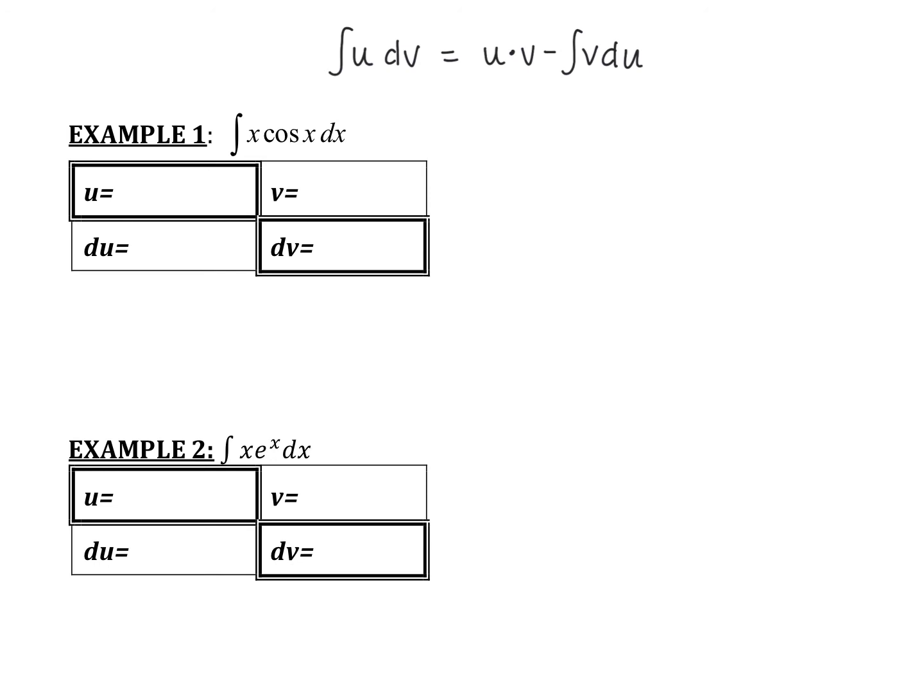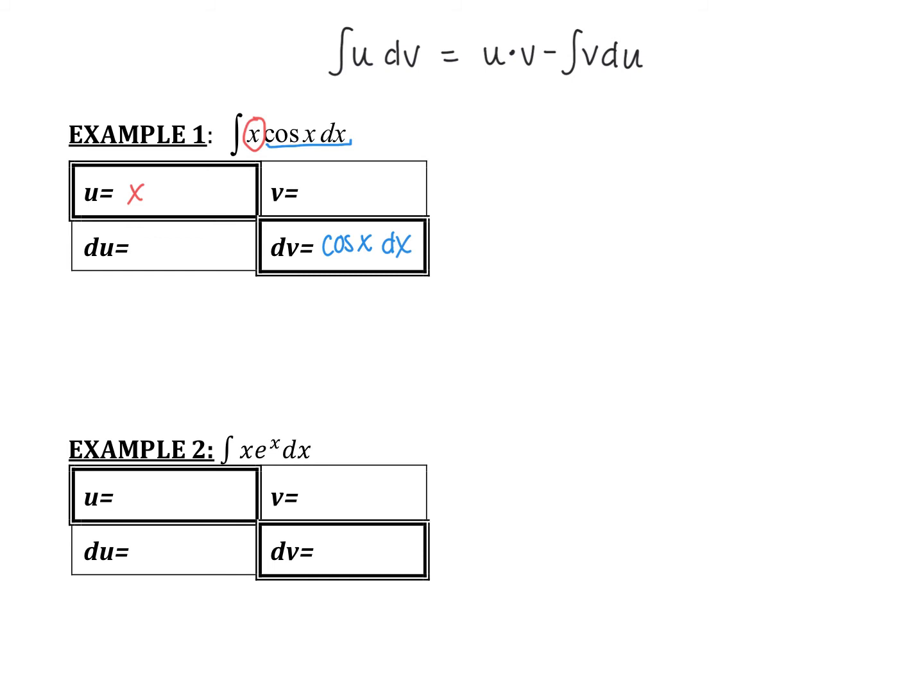Now, I'm not always going to give you a table like this, but if we can keep our thoughts as organized as possible, it makes it easier when we go to substitute into the formula. All right. So in this particular example, I'm going to let u be the expression x, and I'm going to let dv be the expression cosine of x dx.